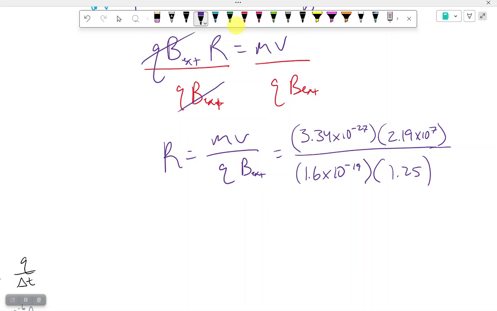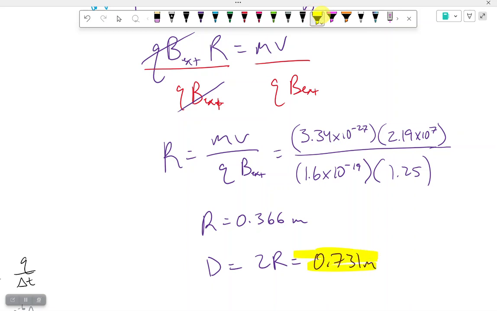And I get 0.366. So my radius is 0.366 meters, but they want the diameter, and the diameter is always twice the radius. So that's going to be 2 times that size, so 0.731. And there we go. There's my diameter.